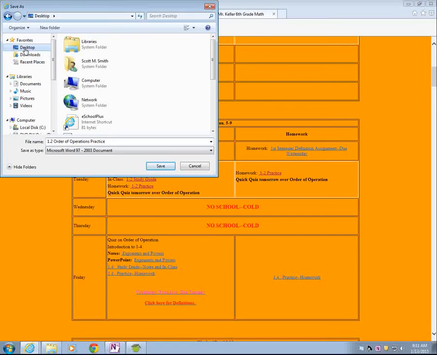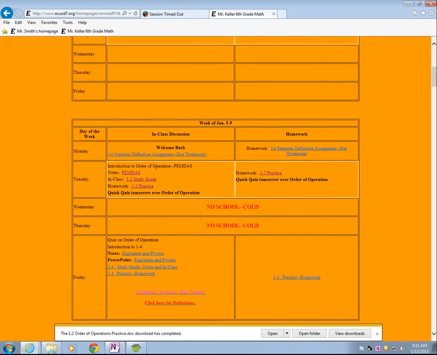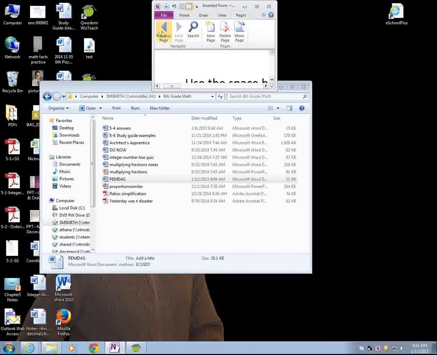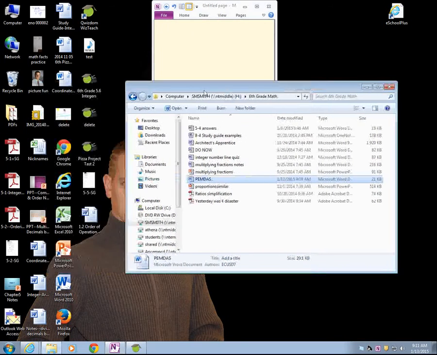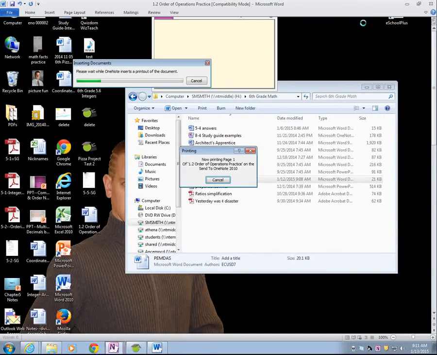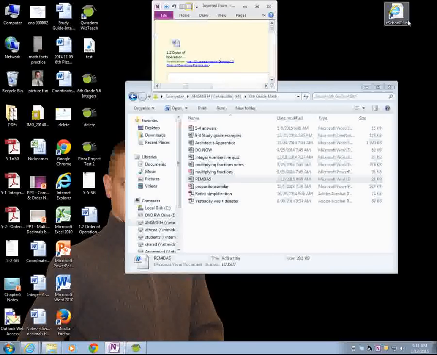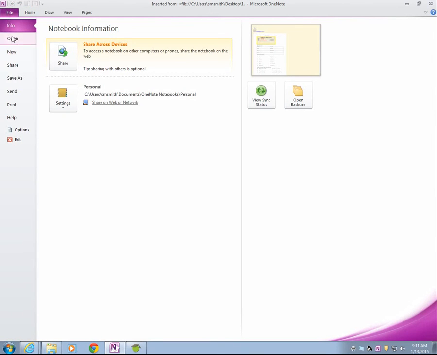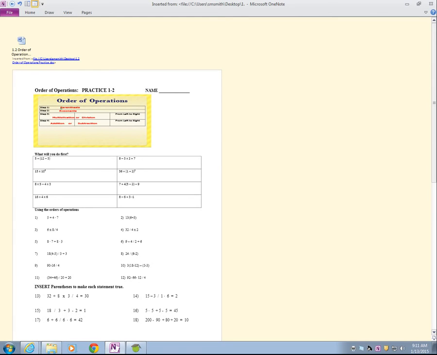Save target as. New page. I'm going to get to that in just a moment. We're going to do an example. We're going to do a couple examples.